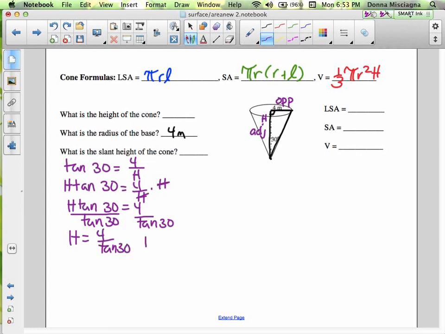So we take 4 divided by tangent 30, and that was 6.928, and so on. Let's round that to 6.93, 2 decimal places. All right, so now we have the height of the cone.